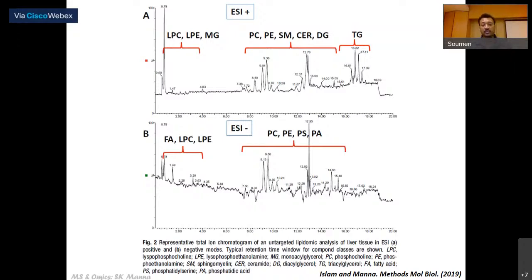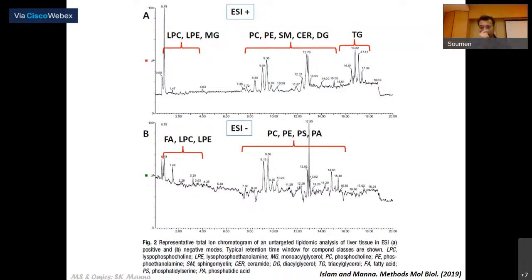However, fatty acid sensitivity is not typically great in ESI. Fatty acid analysis is much better if you do it by GCMS. And then you will have phosphocholine, phosphoethanolamine, or phosphoserine, and phosphatidic acid, which are certainly negatively charged.